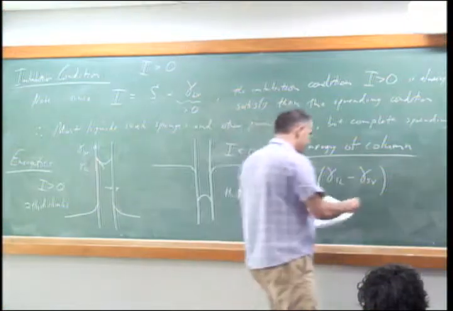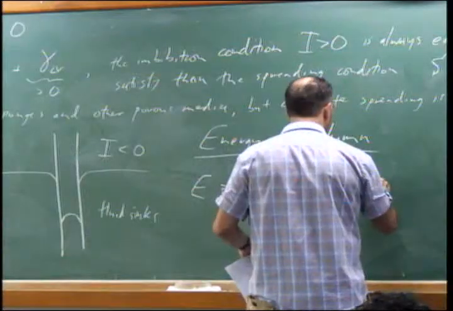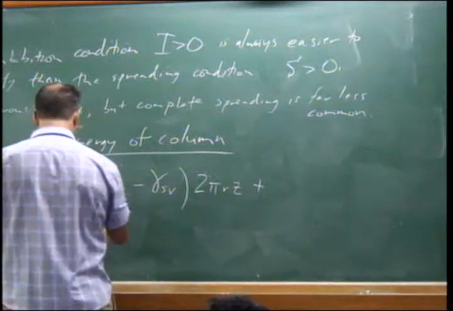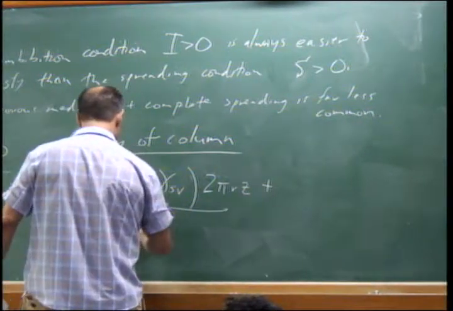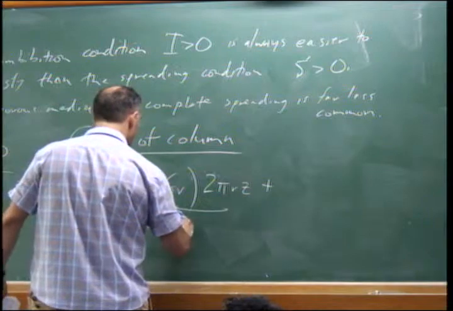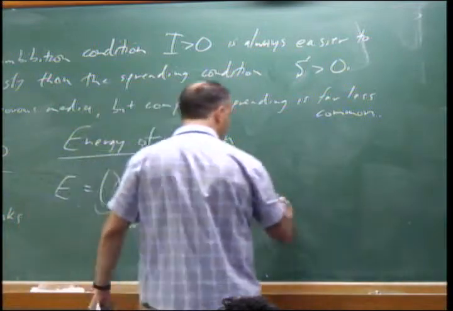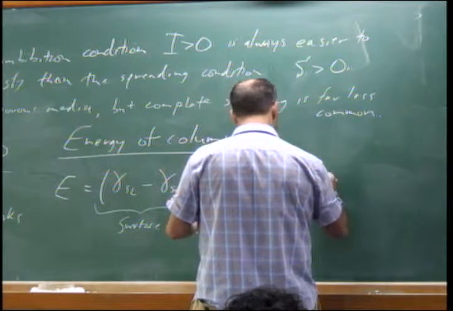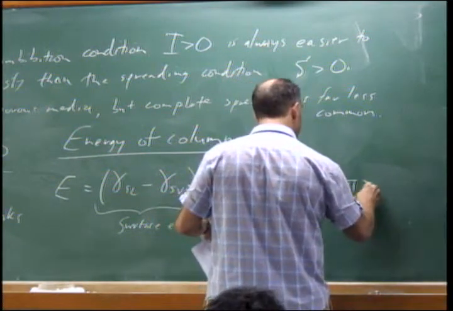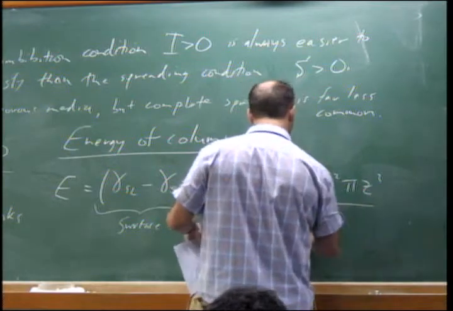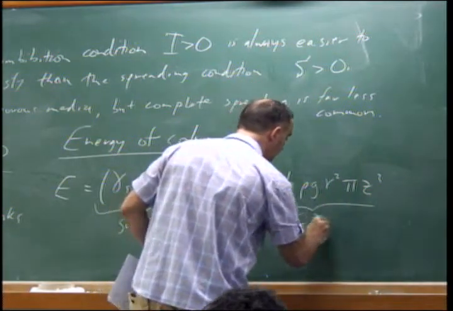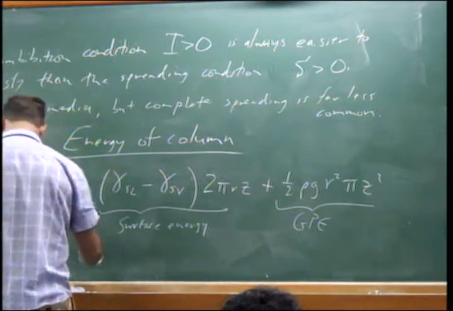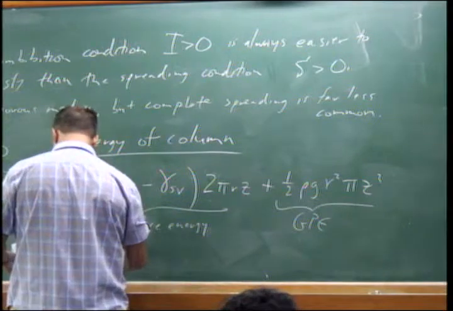What matters is the length of the column. So that's the surface energy, and then we have the gravitational potential energy. We can express this in terms of I.